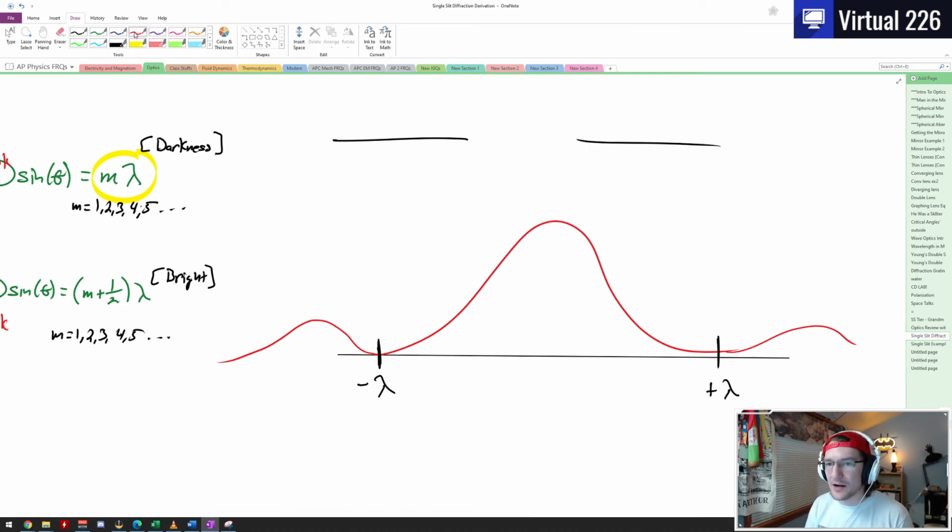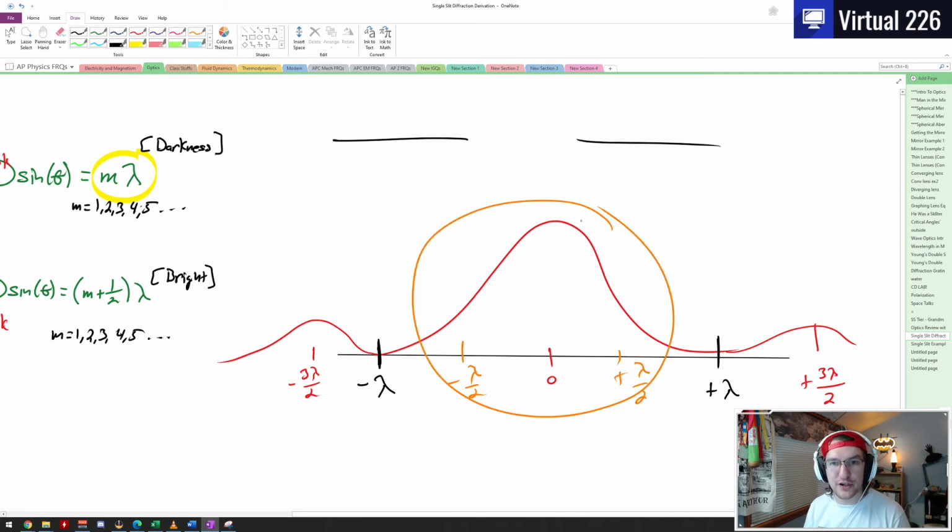And then our first bright point happens at negative 3 lambda over 2 and positive 3 lambda over 2, with this being 0. At lambda over 2 and negative lambda over 2, we are still inside the central fringe.